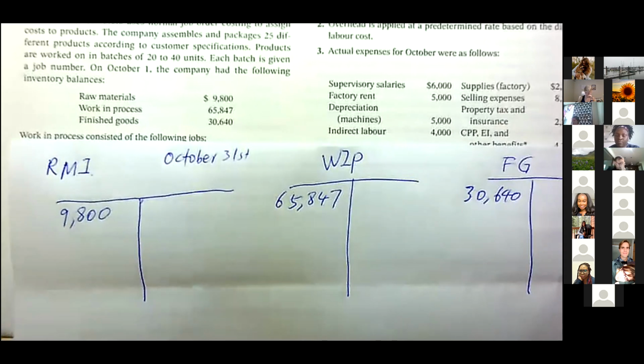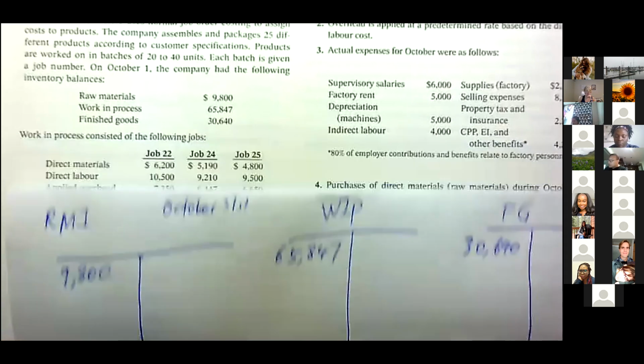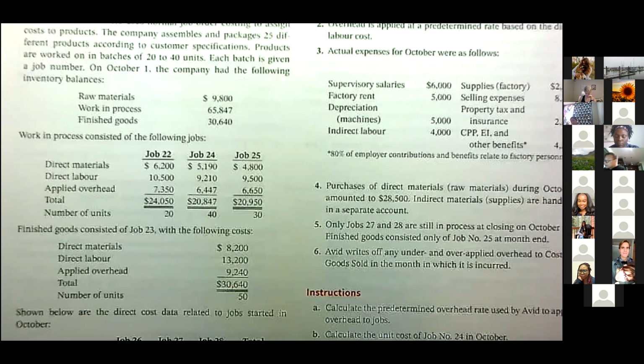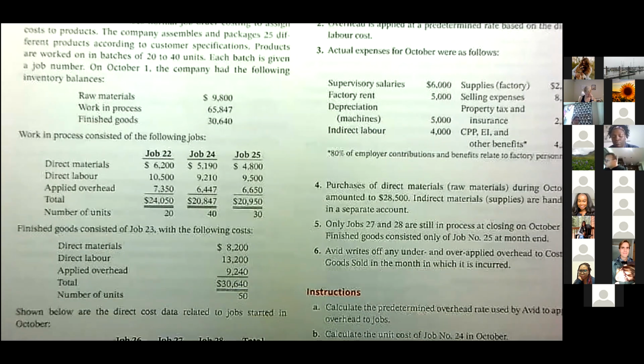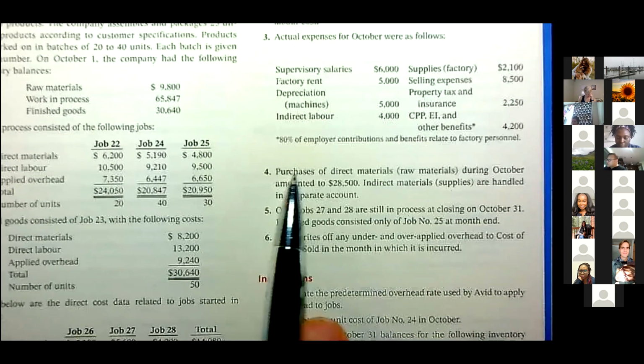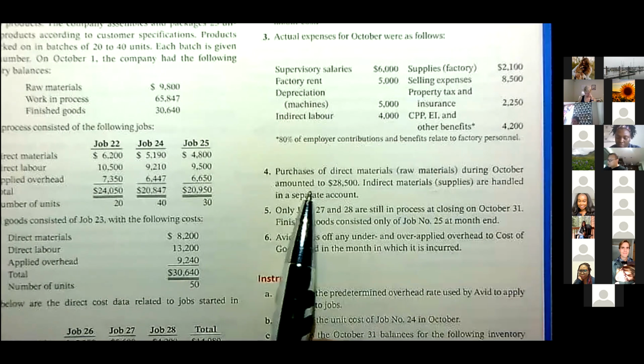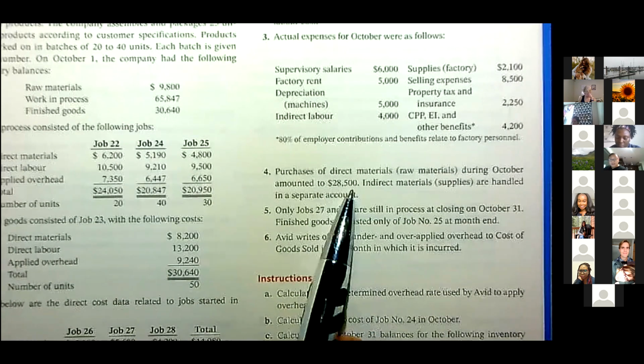And then purchases, right? What information do we have for raw materials? Do we purchase anything? Oh, here. Purchases of direct materials, raw materials during October, amounted to 28,500.